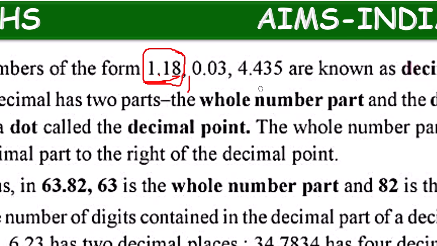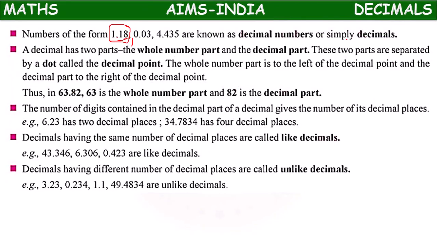These are all known as decimal numbers, or simply we can call them decimals. 1.18 is a decimal, 0.03 is a decimal, 4.435 is a decimal. All the numbers in this form are called decimal numbers or decimals.